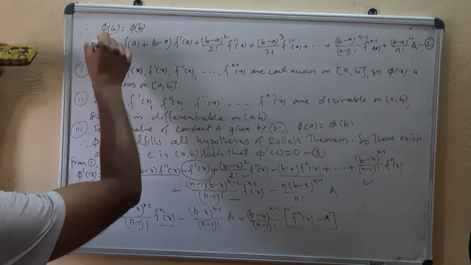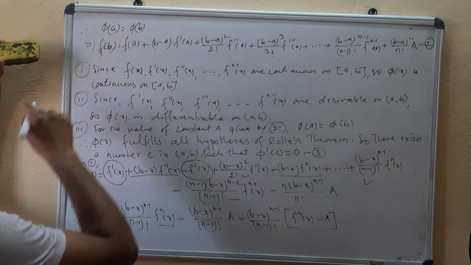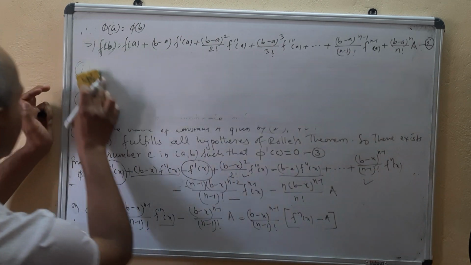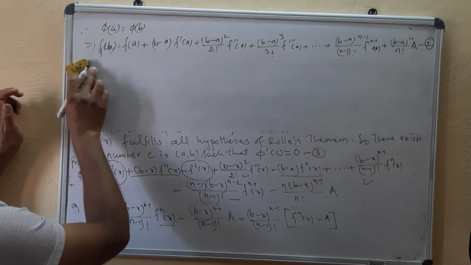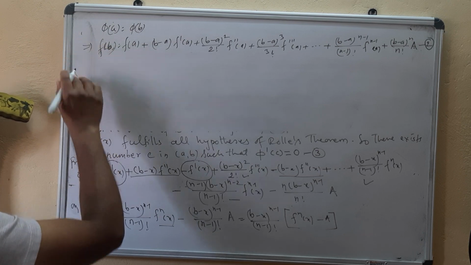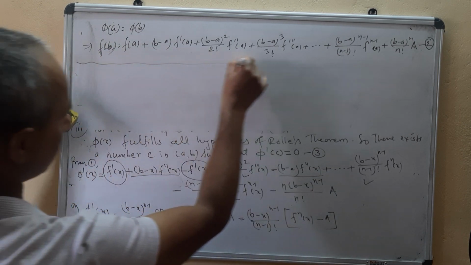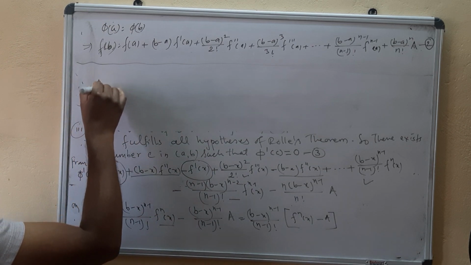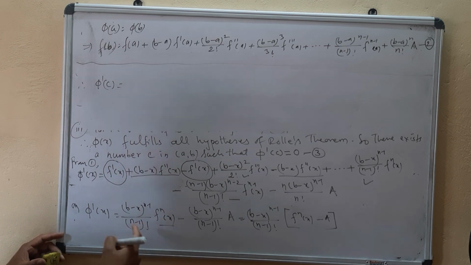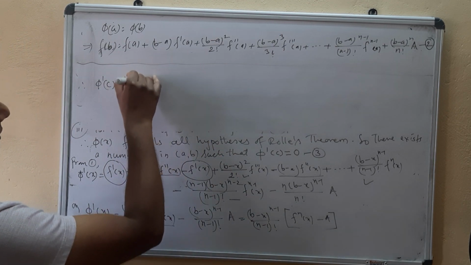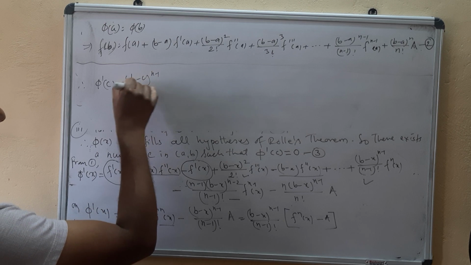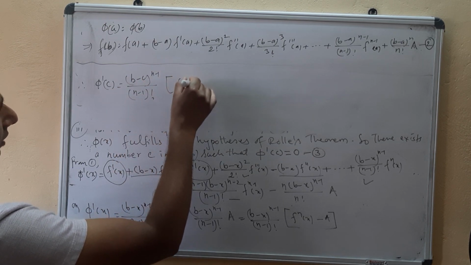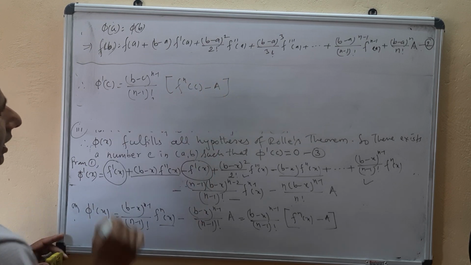I'll not be drawing this one. I'm going to keep this to use this later on. Therefore phi dash of c equals, just put your value, (b minus c) whole power n minus 1 upon n minus 1 factorial fn of c minus a you'll get here.